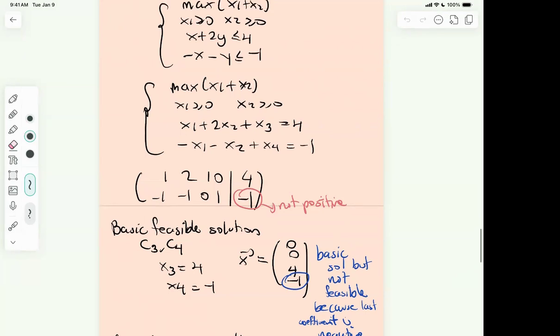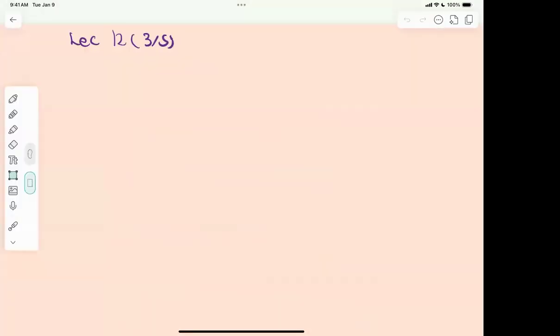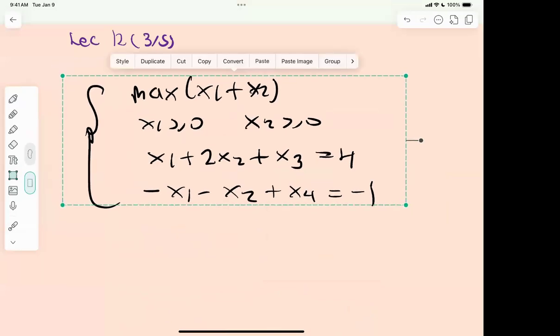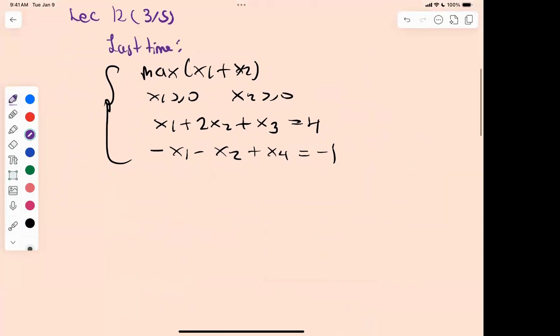Okay, so let me copy the system of equations from last time into my other slides. So this was the system from last time. And so again, the idea is that we want to find, this is today's goal, and that's the only thing I'll do for today.